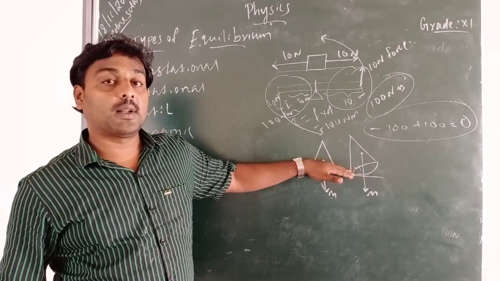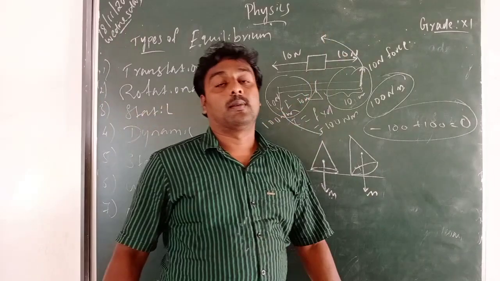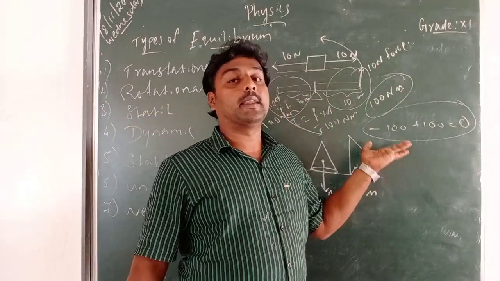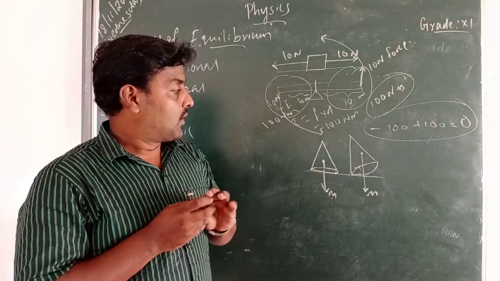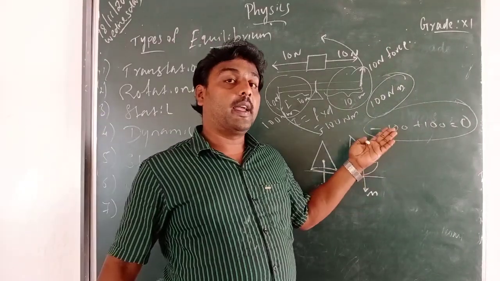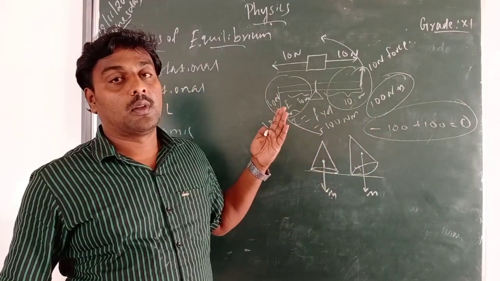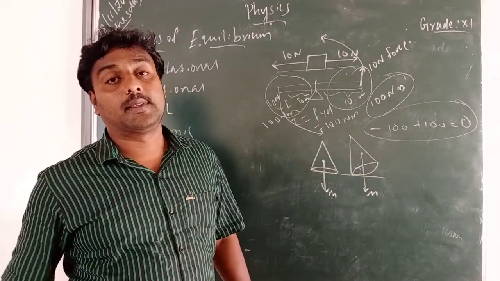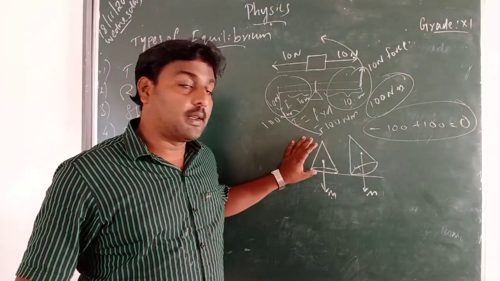In this original state the potential energy is lower than when it is lifted higher. So potential energy increases when it is slightly displaced, or potential energy is higher if it is disturbed. That is what we call stable equilibrium.